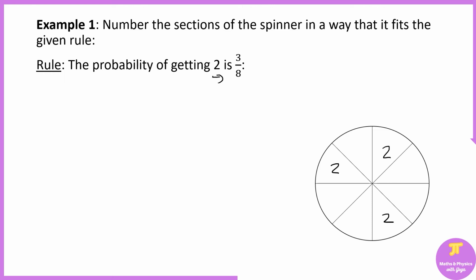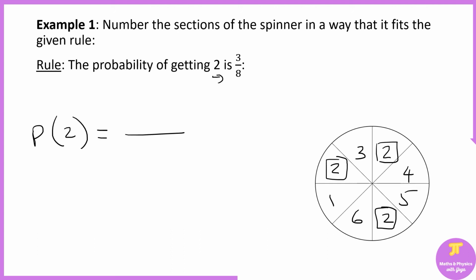You can have any other numbers in between, maybe 1, 3, 4, 5 and 6, but 2 should appear in 3 places. Total possibilities are 8, and there are 3 ways that 2 can appear. So the probability of getting 2 is 3 over 8. This is the answer. So your spinner should look like this.